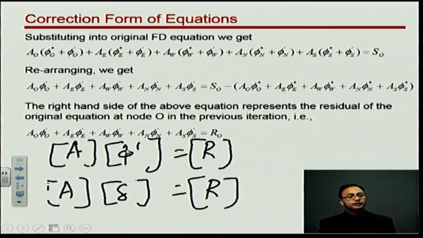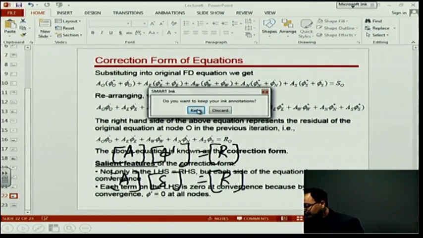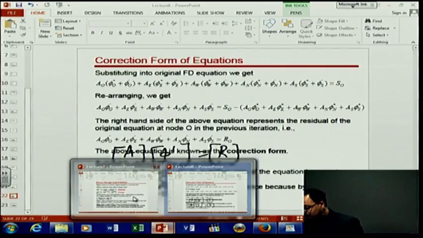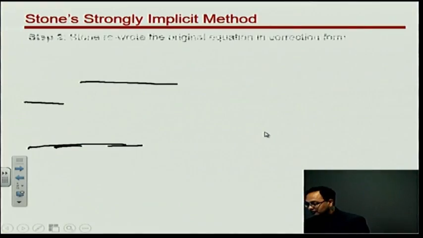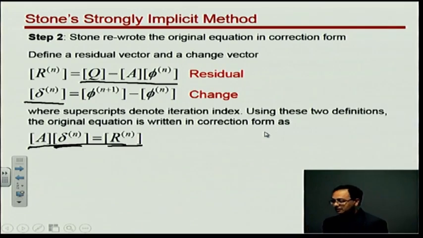Everybody with me? So that's the notation he's using, and that's basically what we have done to convert the original equation to a correction form. Any questions so far?